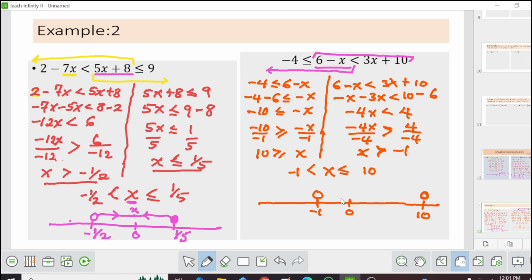With this, I can write that x is greater than minus 1. When it is strictly greater, it will go to the right, greater to the right. And it is strictly greater, so I will not shade this part. Then x is less than or equal to 10. x is less than or equal to, so I have to shade this part.